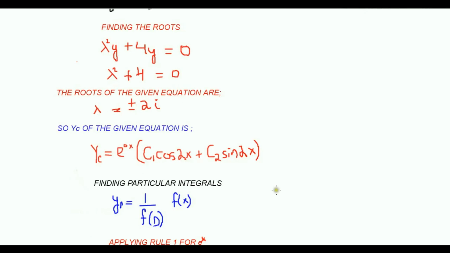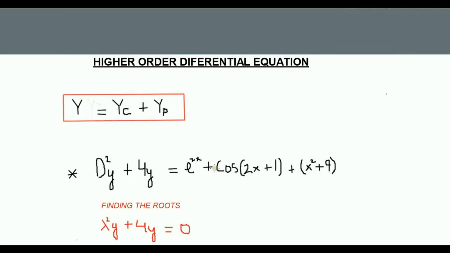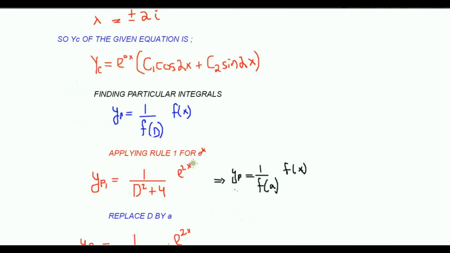For finding the particular integral, this is the quite challenging part of the equation. My particular integral is equal to 1 upon function of d into function of x. So applying rule number 1 for e to the power 2x: rule number 1 says the particular integral is equal to 1 upon function of d times e to the power ax, where a is an arbitrary constant.